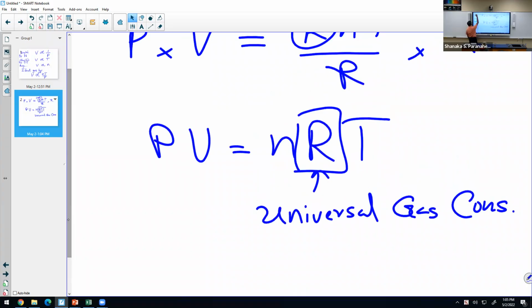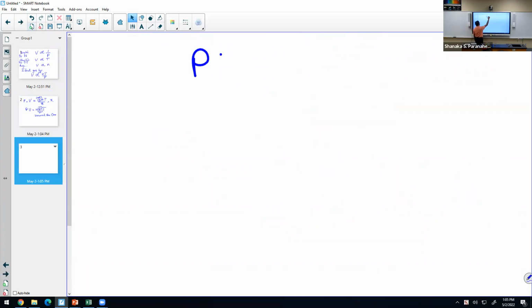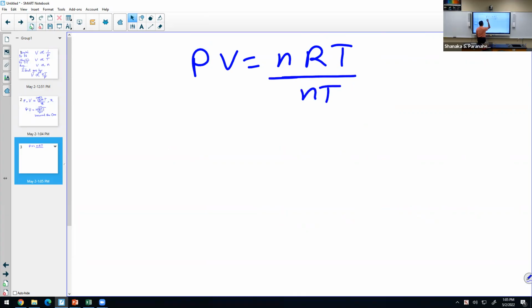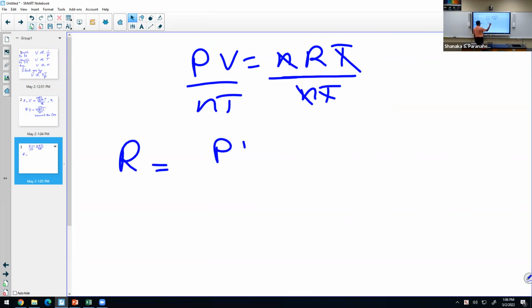PV equals nRT. I'm going to isolate R on one side of the equation, so divide by nT. Now the universal gas constant is equal to pressure times volume divided by number of moles and temperature.